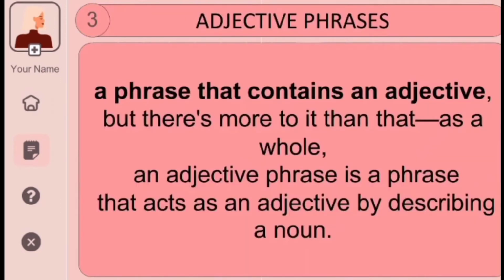Next, we have adjective phrases. We've seen that a noun phrase is a group of words with a noun at its head. Now, the adjective phrase shares a similar definition, but this time with an adjective at its head.